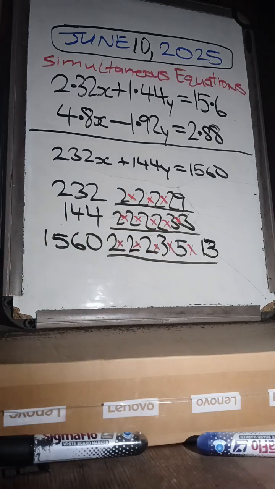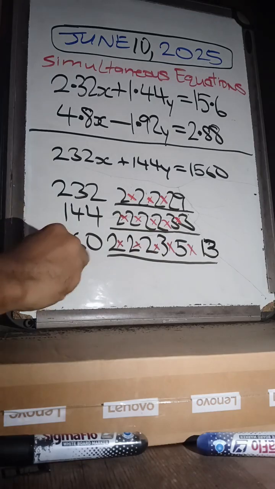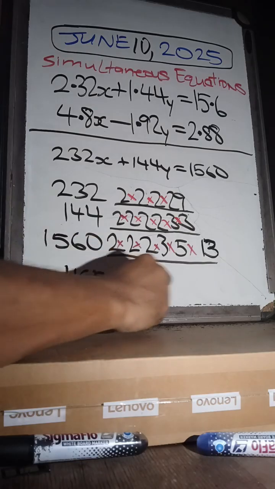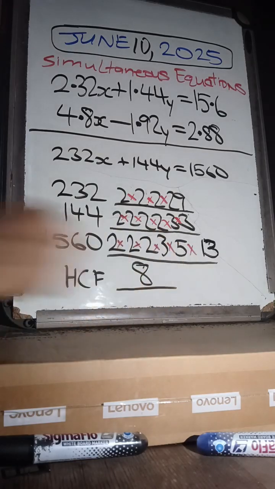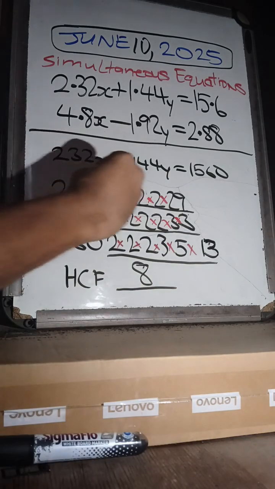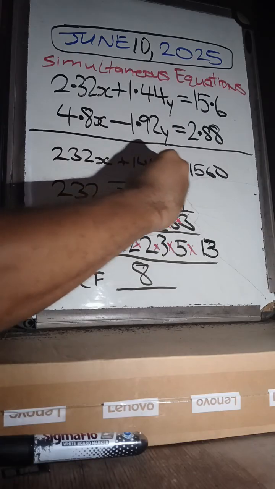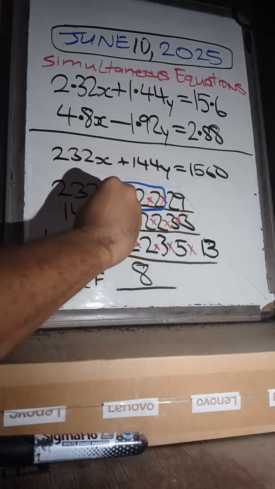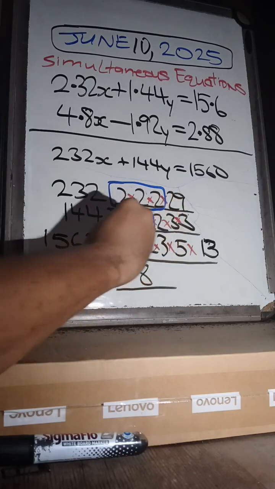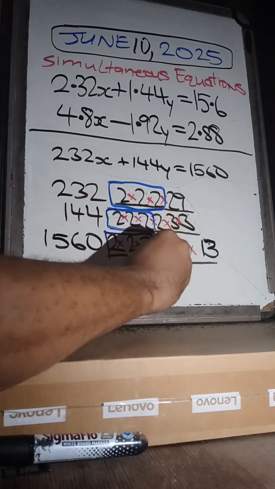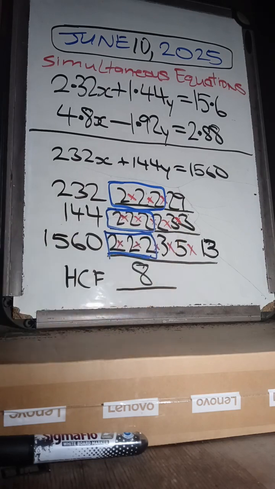So now they do have something in common. The HCF, and how do we know? 2 by 2 by 2 in all 3 lines.